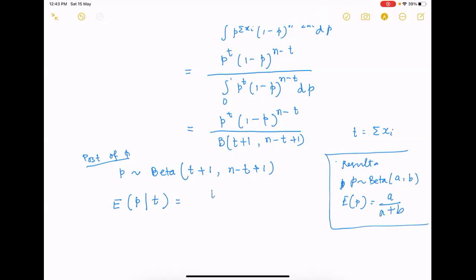So it will be t plus 1 by n minus t plus 1 plus t plus 1. So this t cancels, and it will be t plus 1 by n plus 2, right?